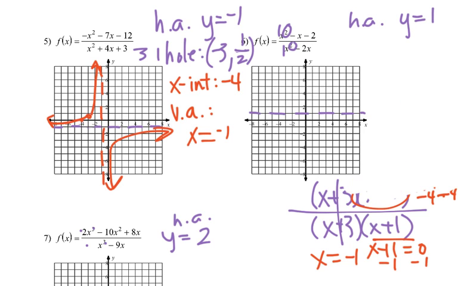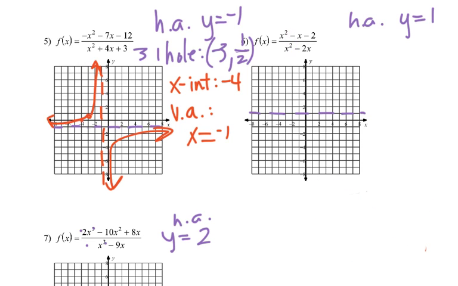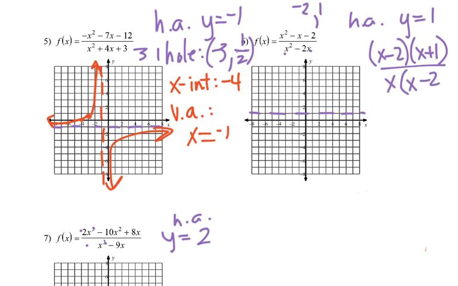Okay, so now we already know the horizontal asymptote of number 6, because it had the same. So we simplify. Okay, factors of -2 that would be -1. How about 2 and 1, with 2 being negative? So I'd have x minus 2 times x plus 1 over, I pull an x out of that, I get x times x minus 2.